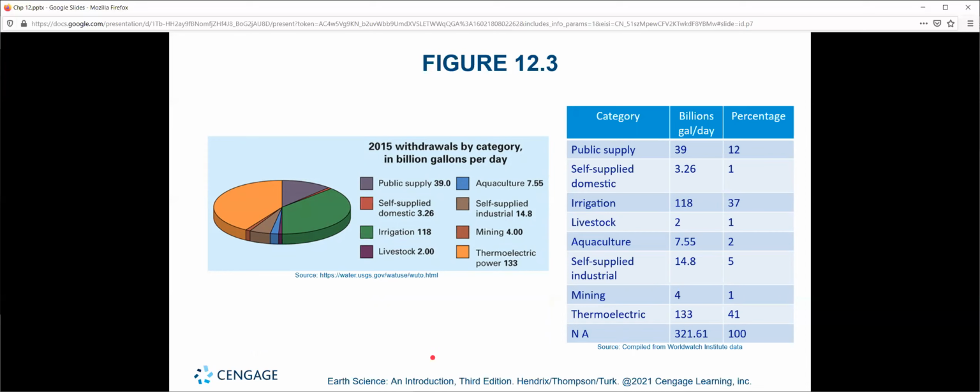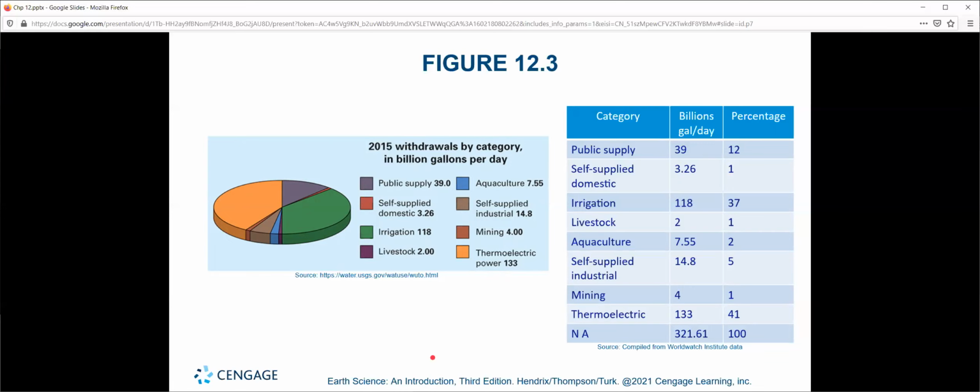That's basically any electricity that's not hydro, not wind, and not photoelectric cells, solar. Any other electricity in 2015 used 133 billion gallons of water every day, according to this USGS survey.